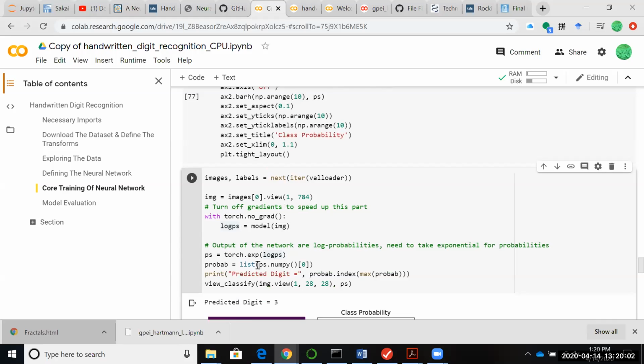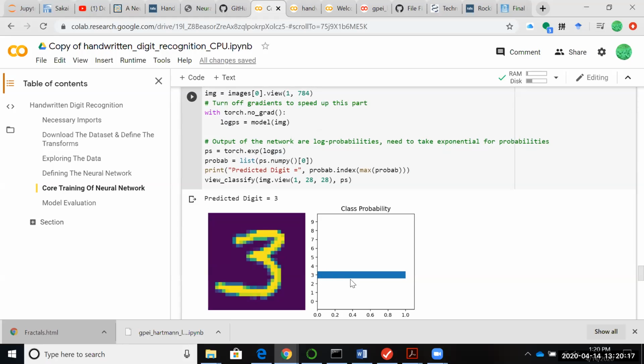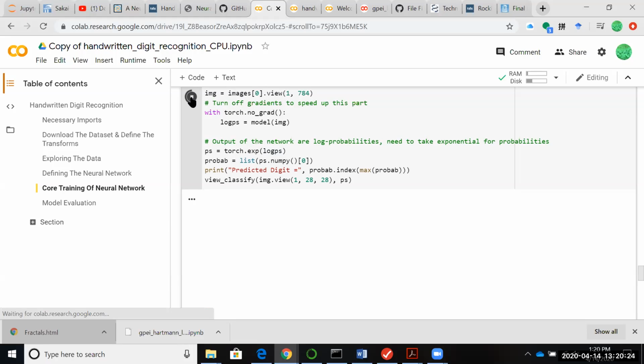Now notice this is loaded from the validation loader. This is not from the learning set data. This is from the validating data. Right? I take one of the images. The first image, for example, is a 3, and then the prediction says yes, you see indeed the probability is very good. It is 3.